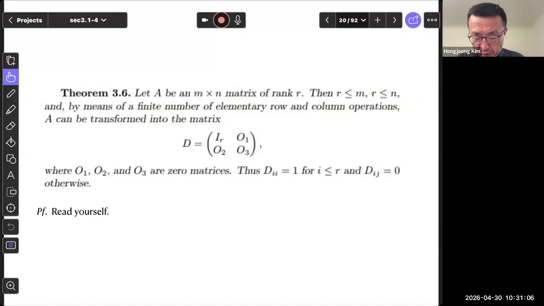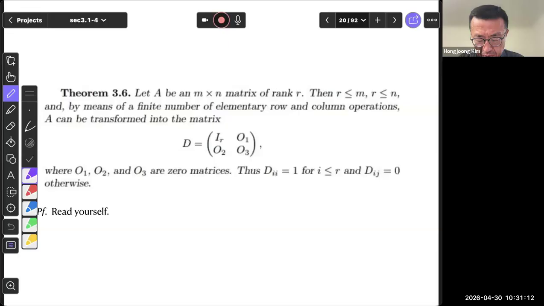Okay, before we consider this, here is Theorem 3.6.